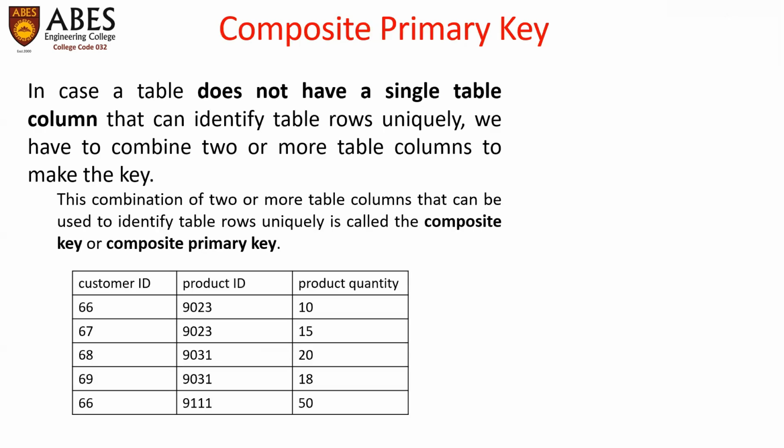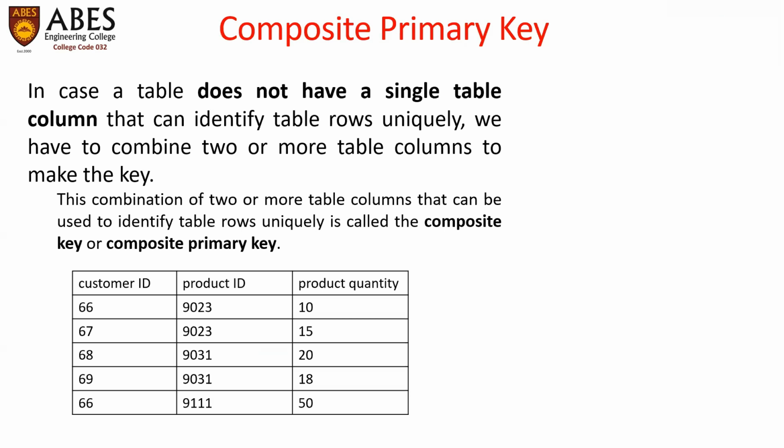Next, we will discuss composite primary key. As we have discussed, a primary key is able to uniquely identify an entity. Now it is not necessary that a single attribute in a table will be able to uniquely identify all the entities.